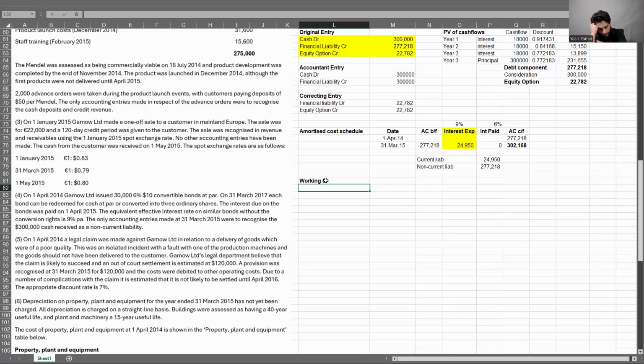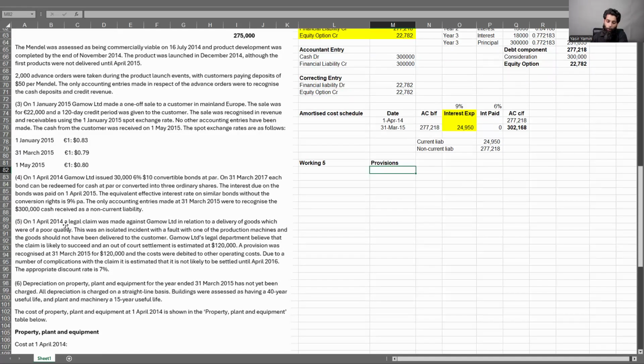It says on 1st April 2014, a legal claim was made against Gamow Limited in relation to delivery of goods which were of poor quality. This was an isolated incident. 1st April 2014 basically means the start of the year.